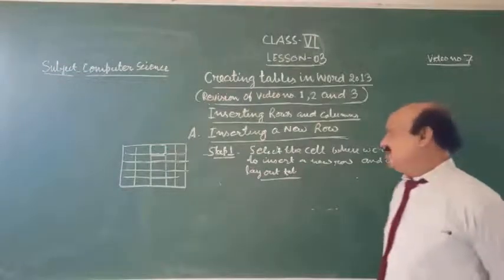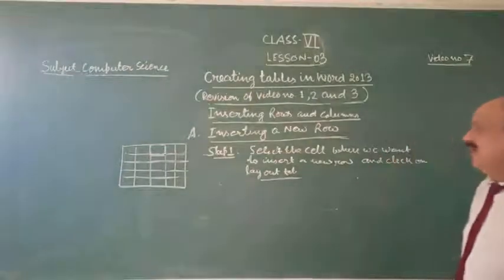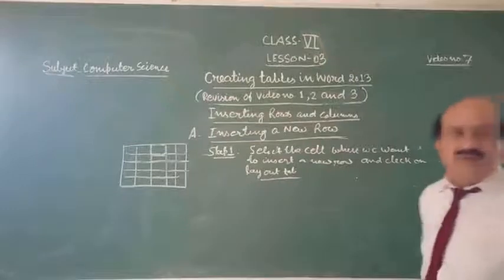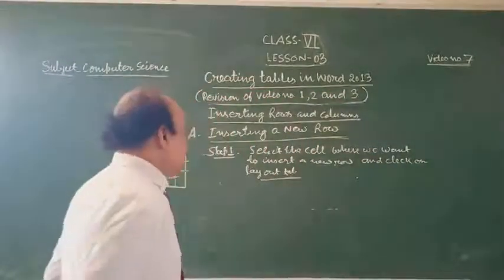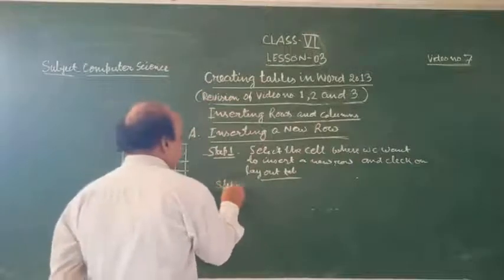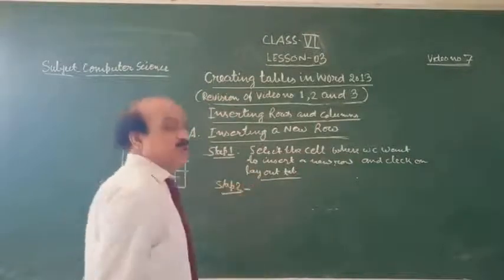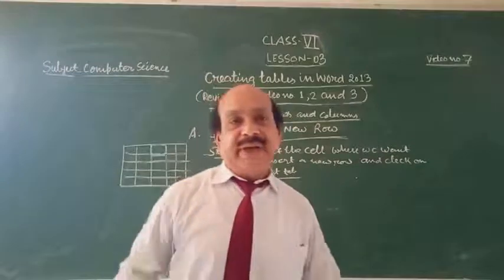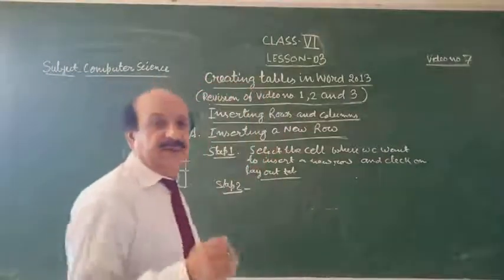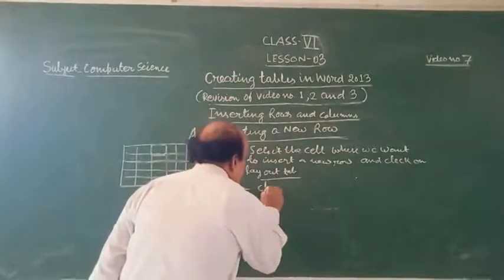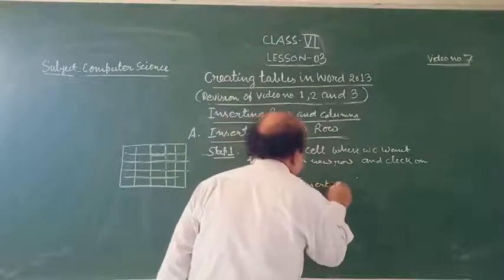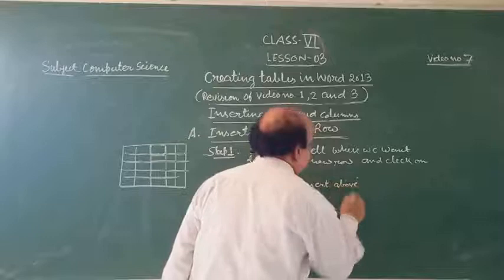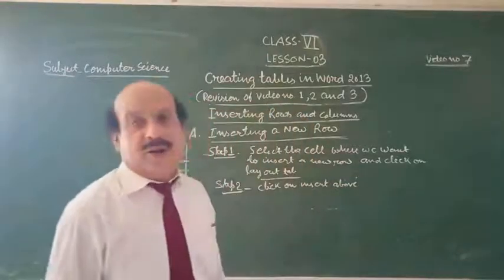First of all, select the cell where you want to insert a new row, and whenever you have selected, click on Layout tab. So what the second step you will take? Step 2 you will take. Click on Insert Above or Insert Below.